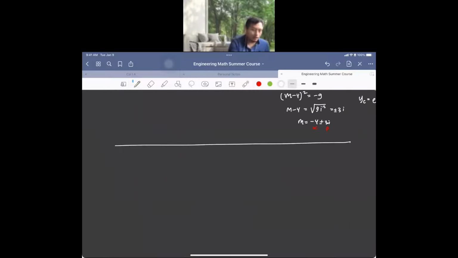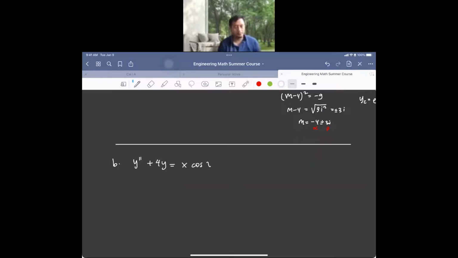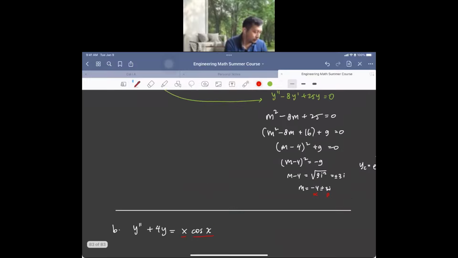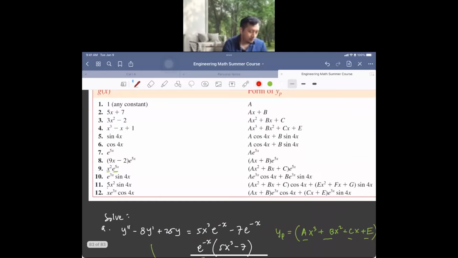Now the next example, if we have y double prime plus 4y equals x cosine x. Okay. Now we have a polynomial and a trigonometric function. It seems that we are going to have this, right?